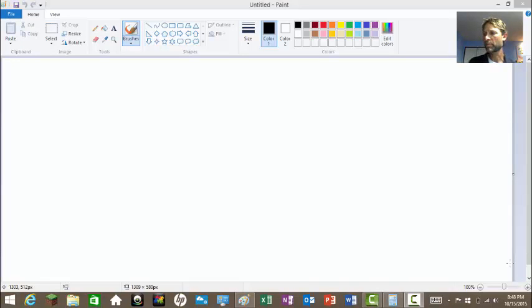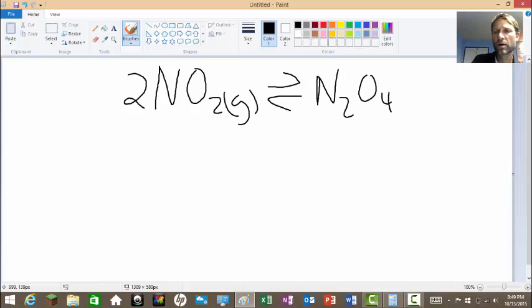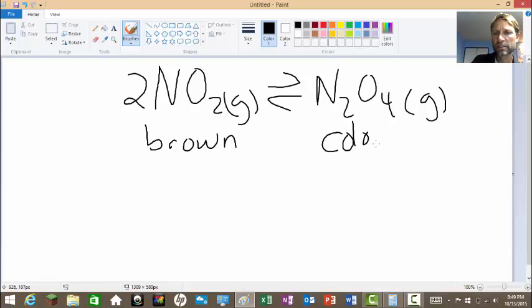Okay, so I'm going to work a problem using the NO2, N2O4 equilibrium. So here we have 2 NO2, a gas, in equilibrium with N2O4, which is also a gas. And remember, this is brown, and this is colorless.